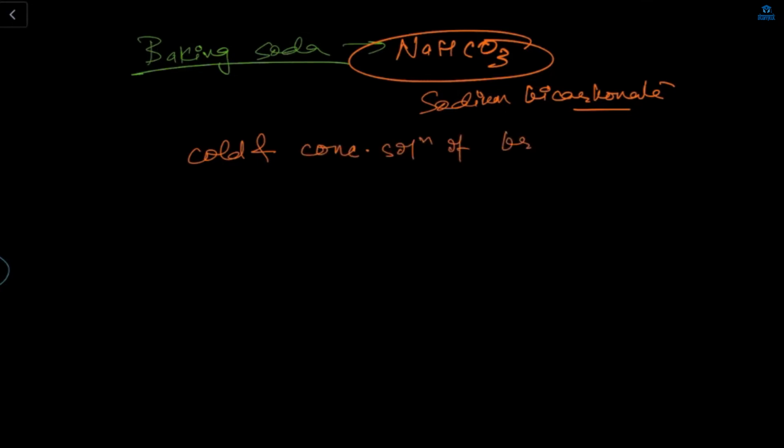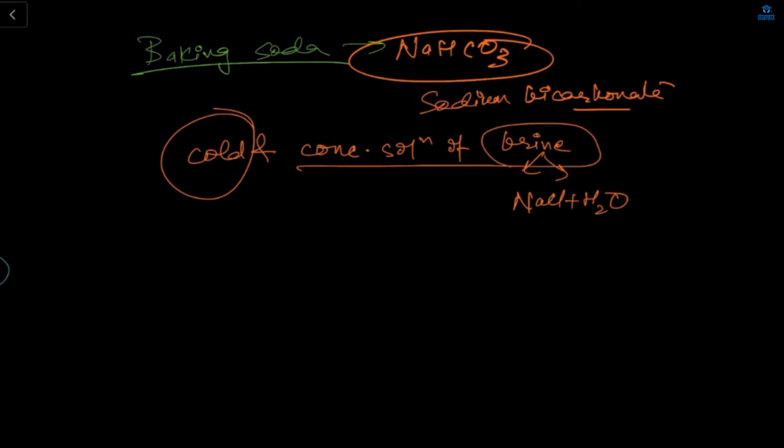As I've already told you, what is a brine solution? It basically consists of two things, right? NaCl and water. So it is produced on a large scale by treating this cold and concentrated brine solution with ammonia and carbon dioxide.